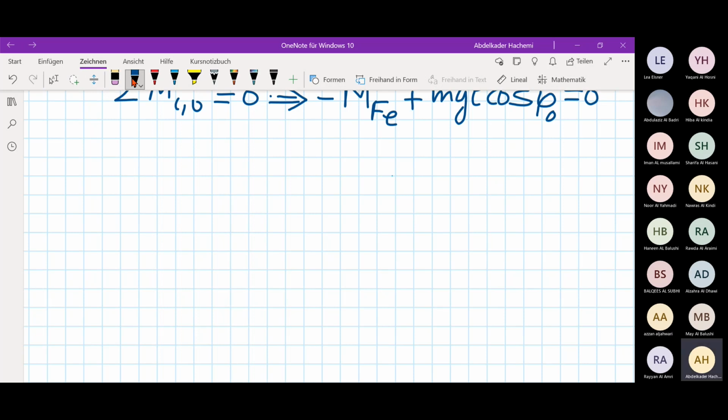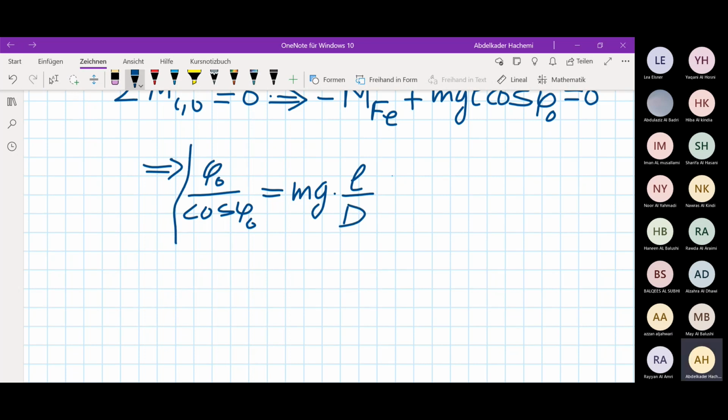the expression phi 0 divided by cosine phi 0. This will be equal to mg multiplied by L divided by D. Okay, this is what we can get, it's only a mathematical problem.